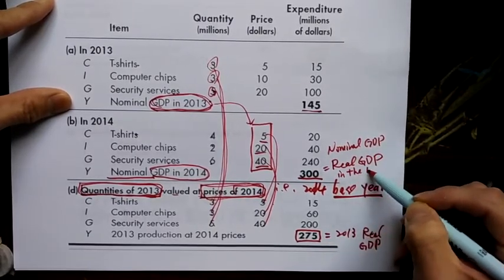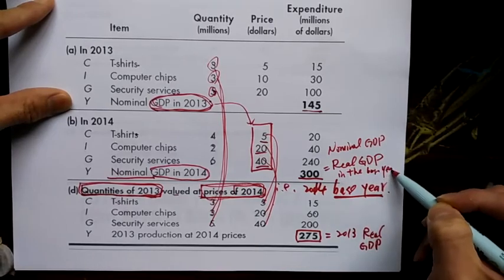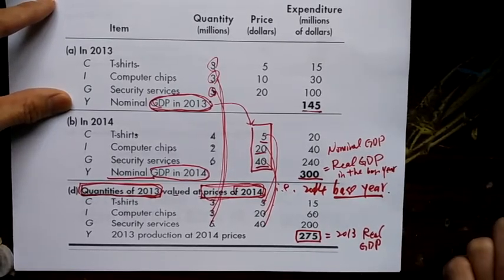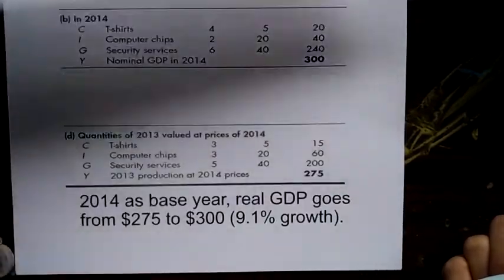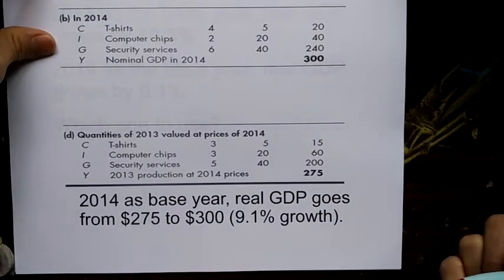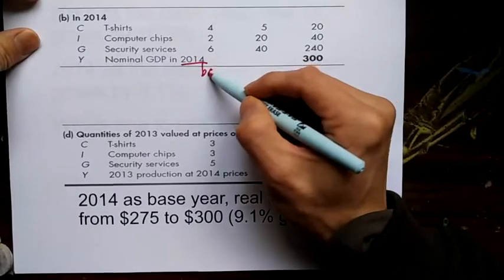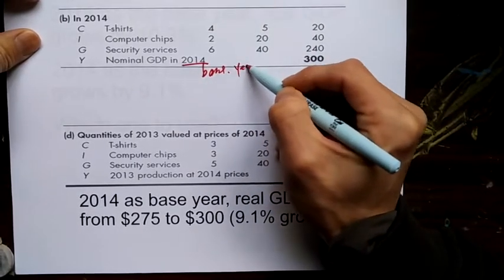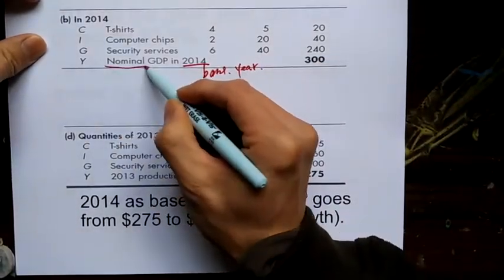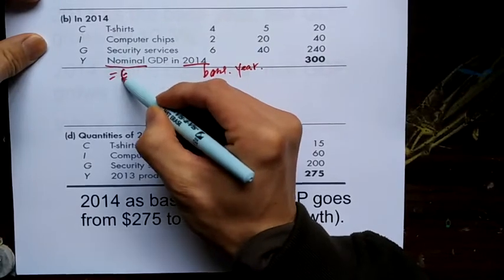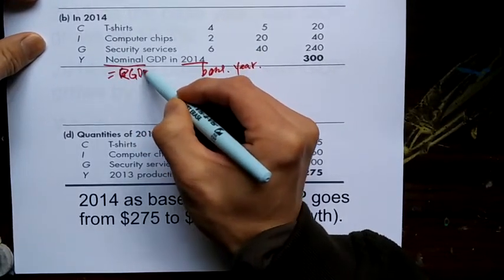Therefore, in 2014, the base year, nominal GDP is equal to real GDP.